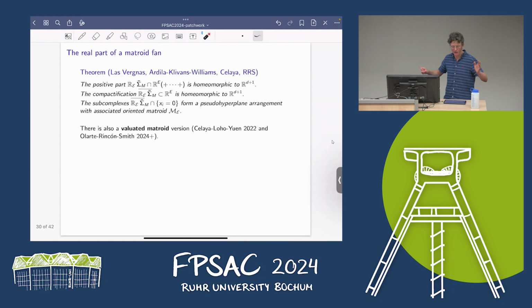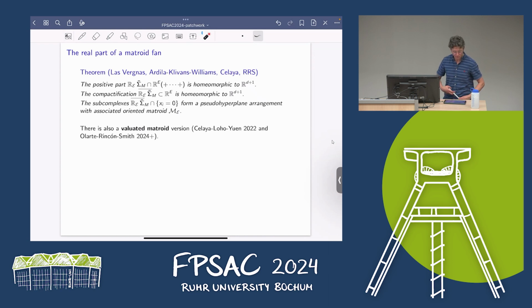In fact, this real part of a matroid fan was also considered by many others. Not in this language, but by Las Vergnas, and certainly the face order complex of the face lattice was. But this theorem tells us what this patchworking looks like when we close it up in different places.